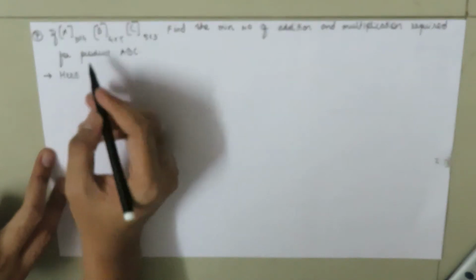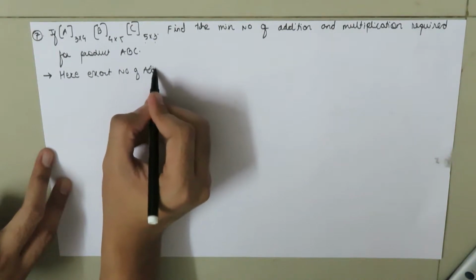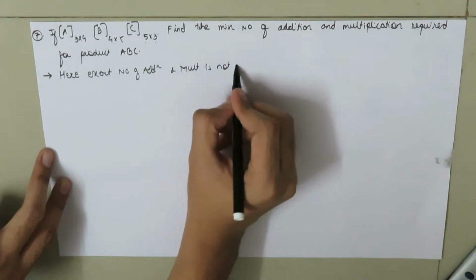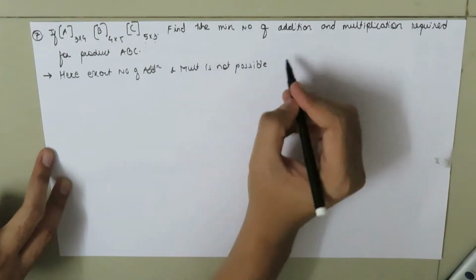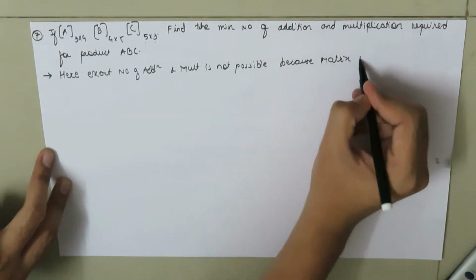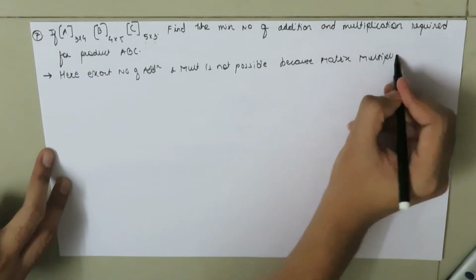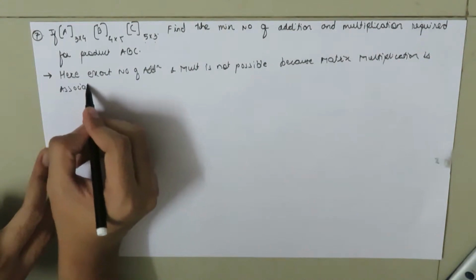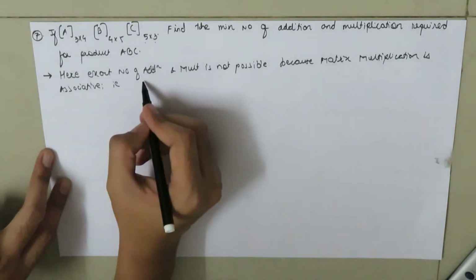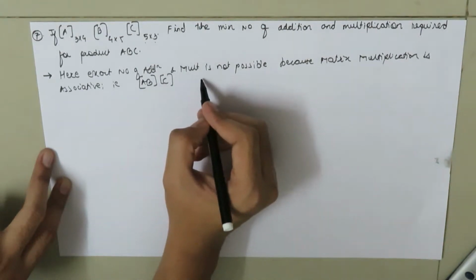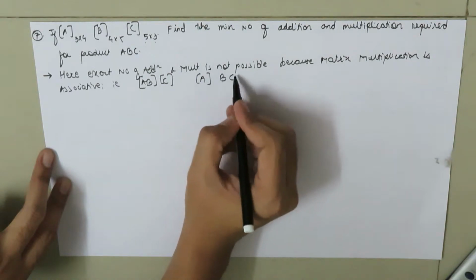Here, knowing the exact number of additions and multiplications is not possible, because matrix multiplication is associative, which means we can multiply the matrix AB with matrix C, and we can multiply matrix A with matrix BC.